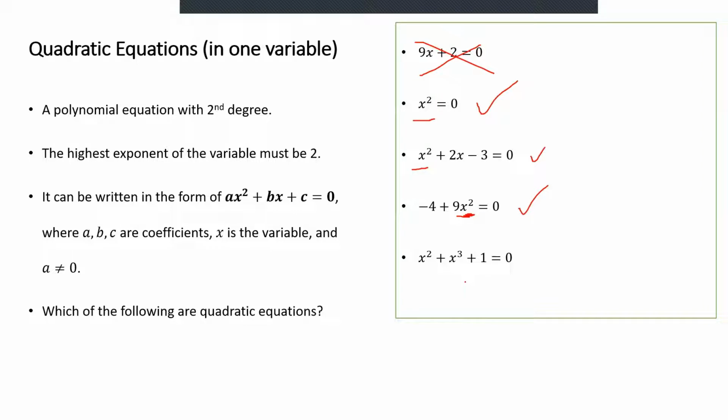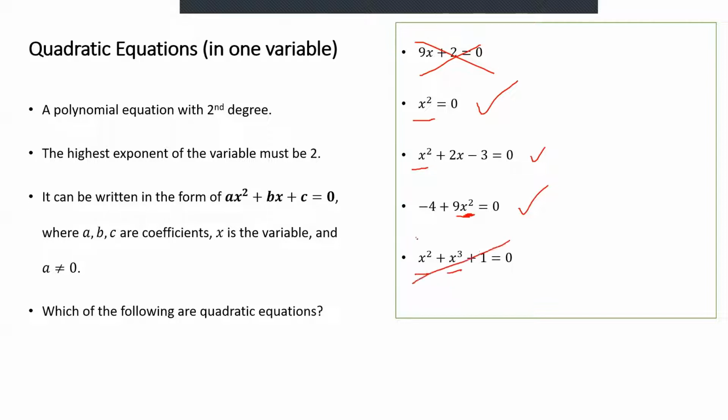And for the last example, x squared plus x cubed plus 1 is equal to 0. This is not a quadratic equation. Even though we see x squared here, one of our conditions is that the highest exponent of the variable must be equal to 2. But we have here x cubed, which means the degree of this equation is 3, not 2. Okay?